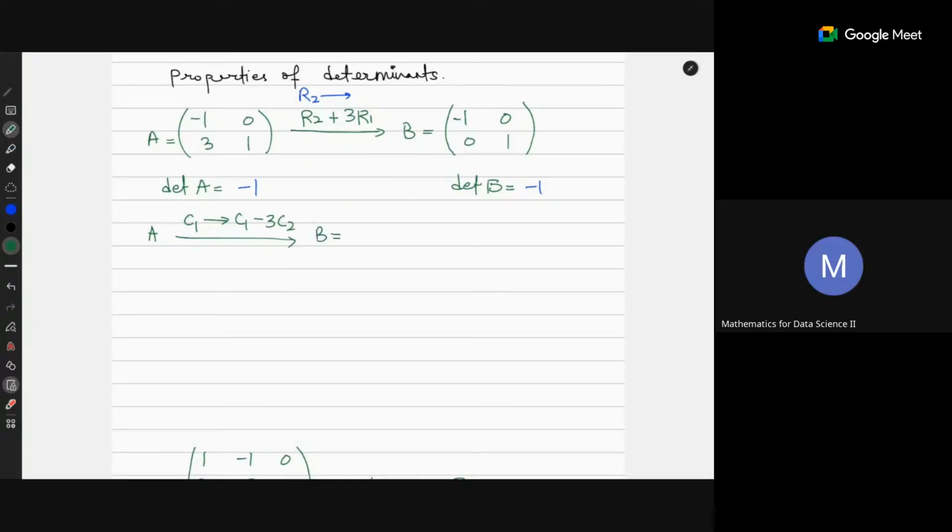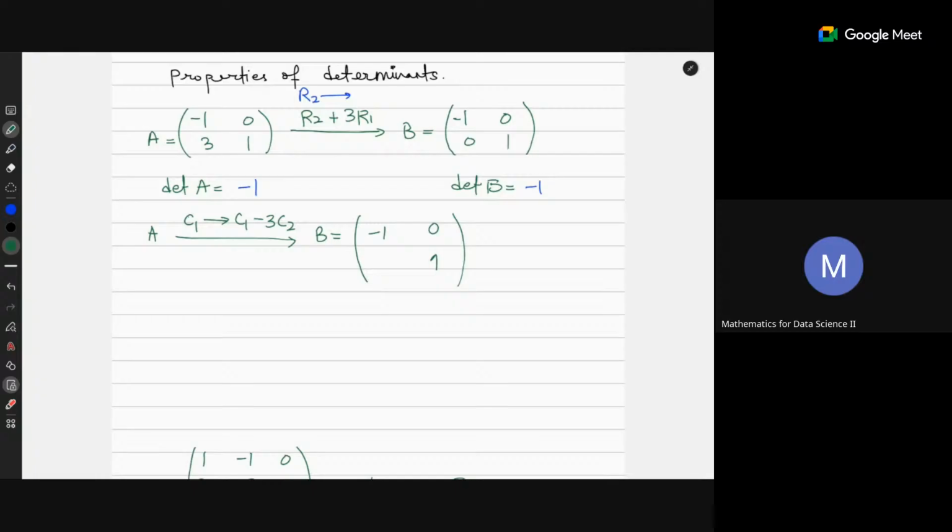The second column remains as it is, 0, 1, because I have not changed anything there. Now for the first column, minus 1 minus 3 times 0 is minus 1 only, because the second column's first entry is 0.